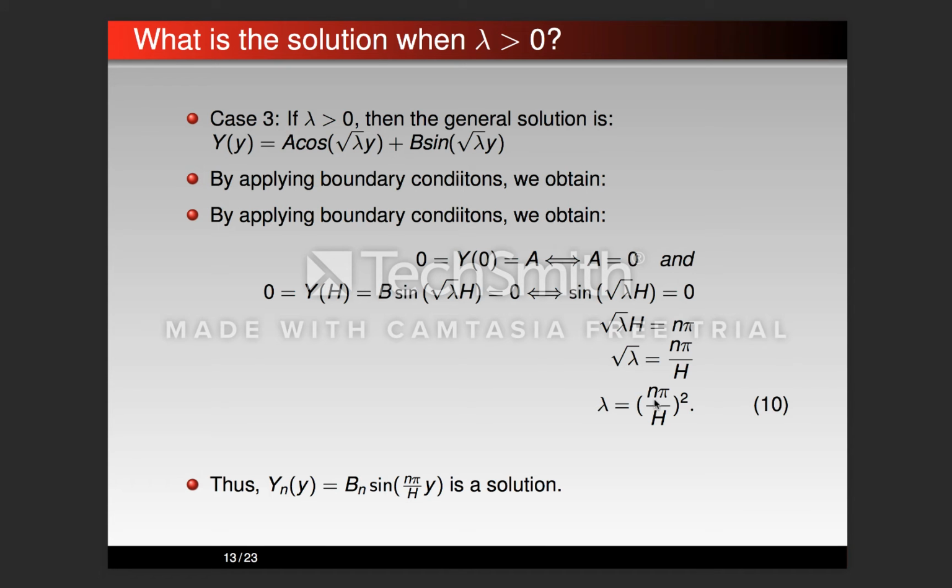Therefore, we obtain lambda equals n pi divided by h whole square. So therefore, now we obtain the solution y n of y equal to b n sine n pi by h y.